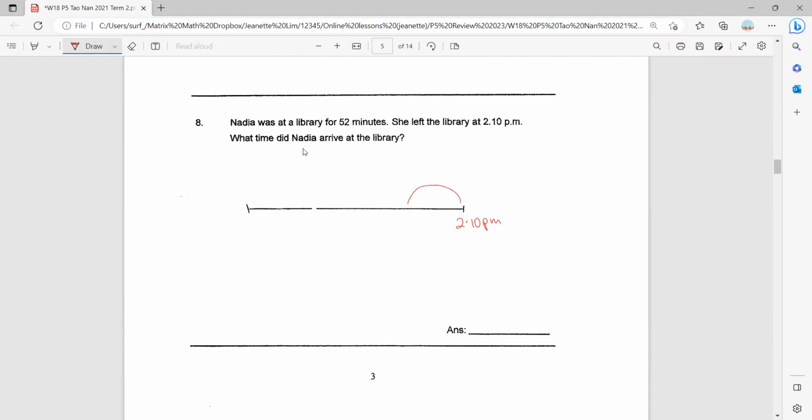Let's go back by 10 first, to get 2 p.m. Then after that, we go back by the remaining 42 minutes. Okay, 2 p.m., go back 42. It's like 60 minus 42. So this is 1 something, 1:18 p.m. All right, so the answer is 1:18 p.m.